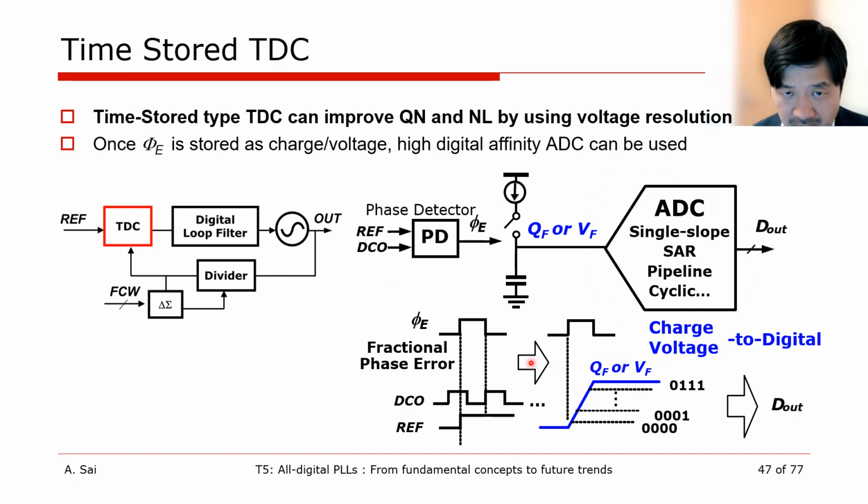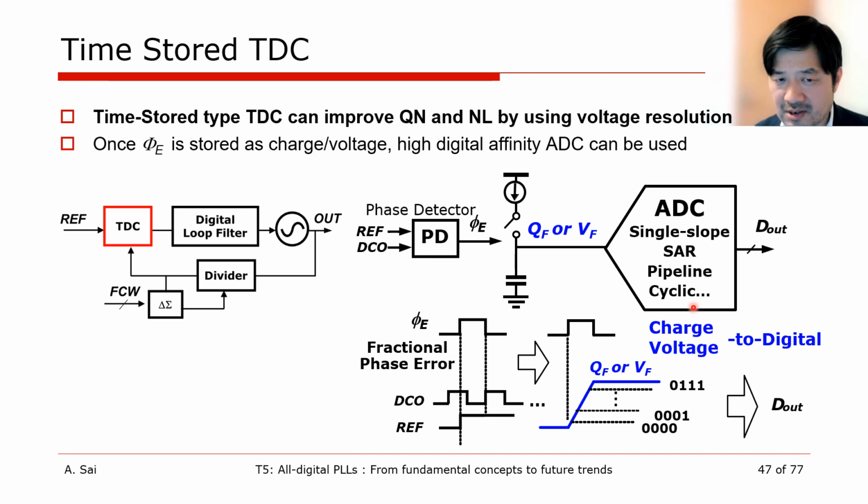In this example, the phase difference between reference and DCO is converted to voltage by a charge pump, and then converted to digital data by using an ADC. The ADC can be chosen case by case, such as single slope, SAR, pipeline, or cyclic.